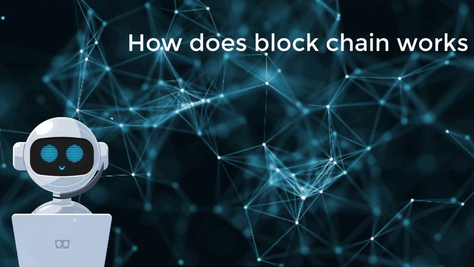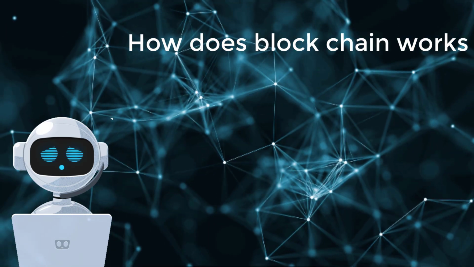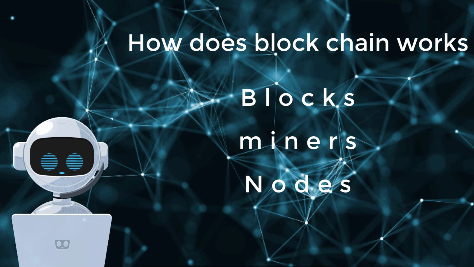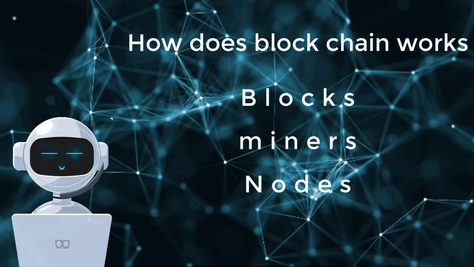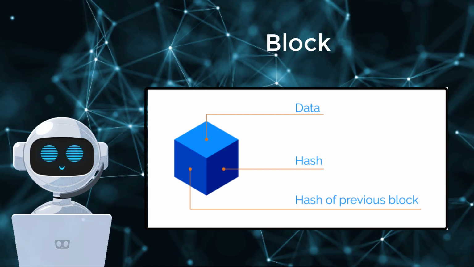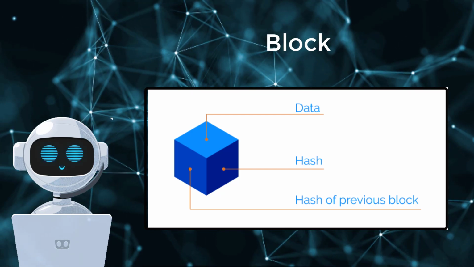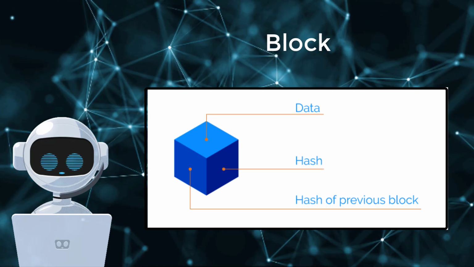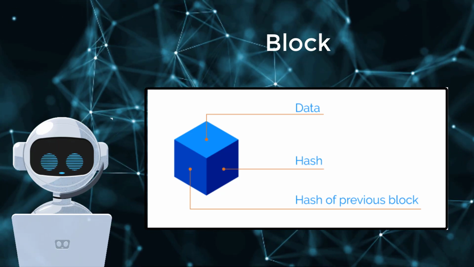How does blockchain work? Blockchain consists of three important concepts: blocks, nodes, and miners. Blocks. Every chain consists of multiple blocks and each block has three basic elements. Those are the data in the block, a 32-bit whole number called a nonce.